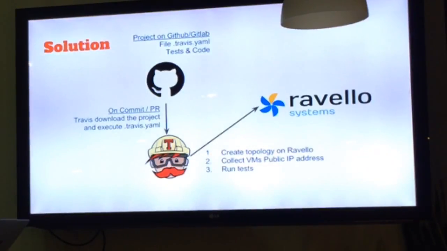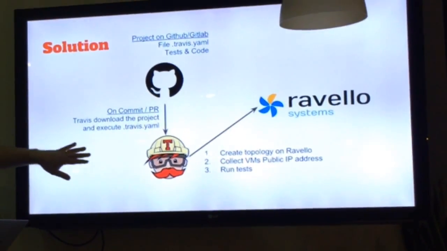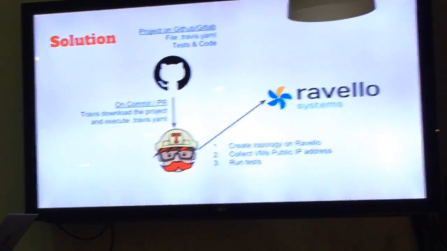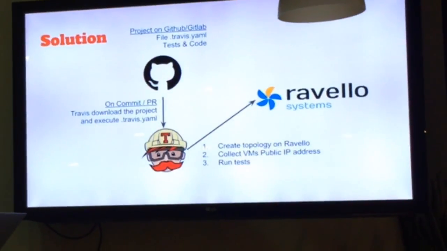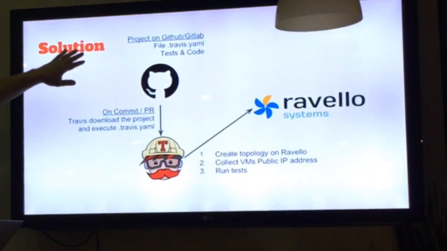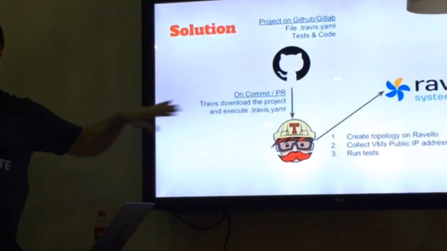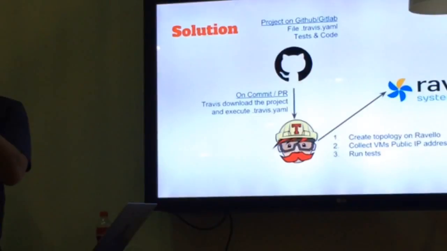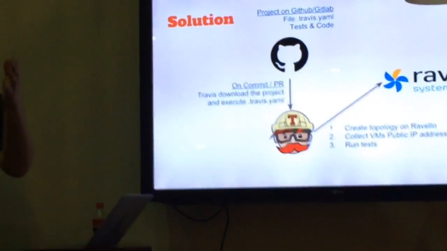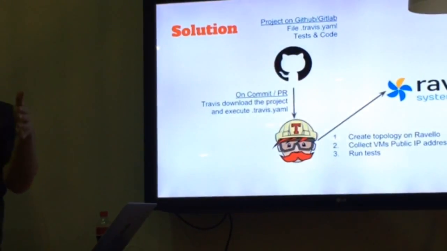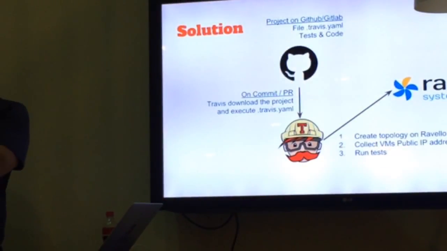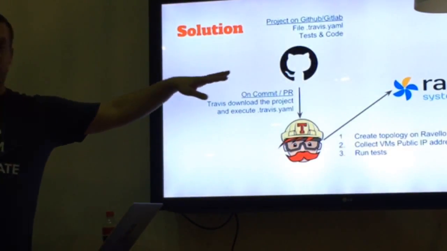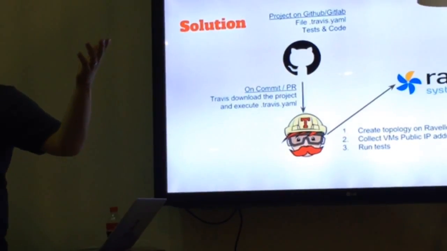What's really interesting is Travis has this notion that you can define variables, so every time there is a commit, I want to run 3 tests, not 1, 3 jobs. Meaning you will spawn up 3 VMs, one for version 1.1, version 1.2, version 1.3 of your devices, for example.